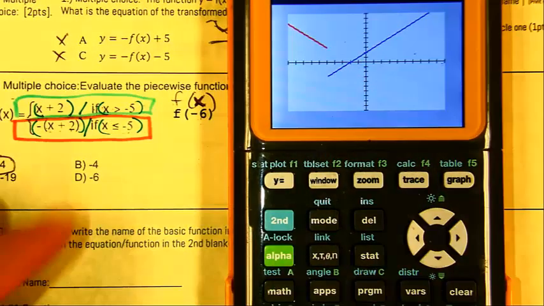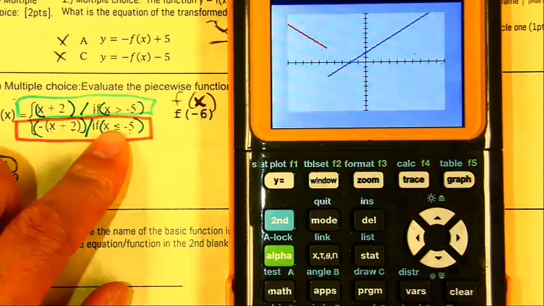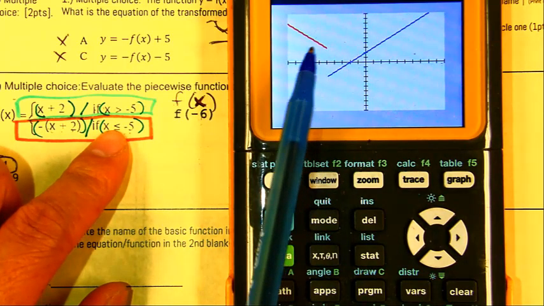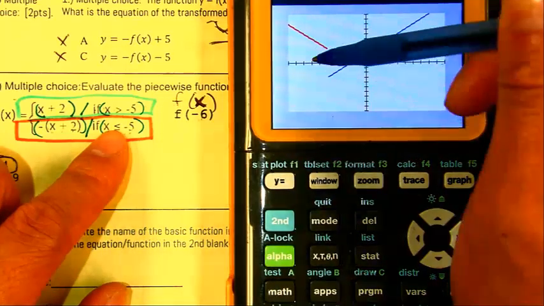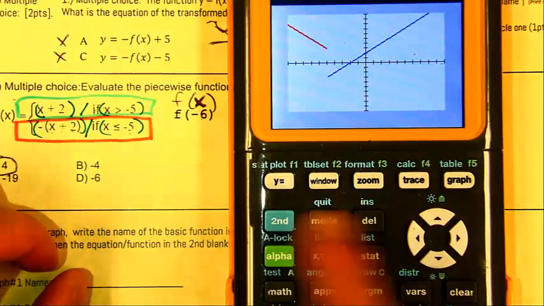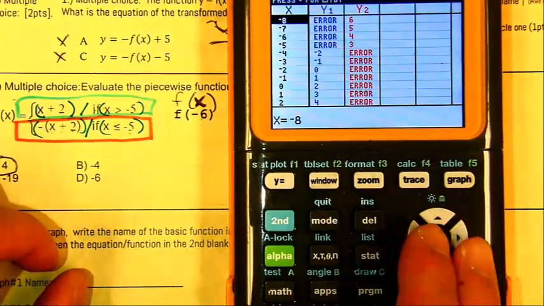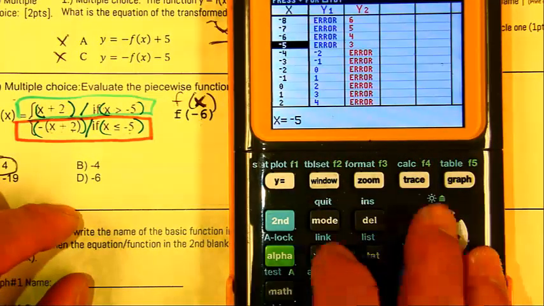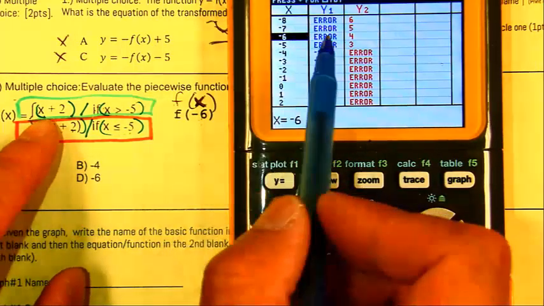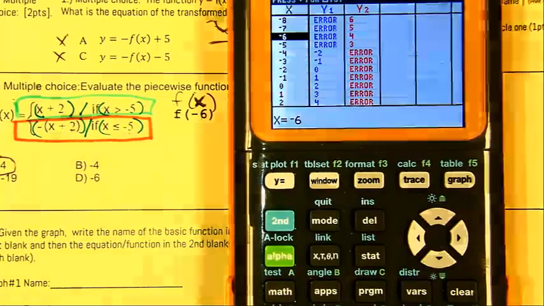We know that the red doesn't show it to you, but there is a closed circle, and so at -6 you're trying to evaluate that, and you just go up to at -6 and we'll get an answer of 4. Now if you go to your table, second table, and you go down to -6, you'll recognize again in blue there's an error, right? You can't put it in there because it's false, then you get an answer of 4. So that's why your answer is 4.